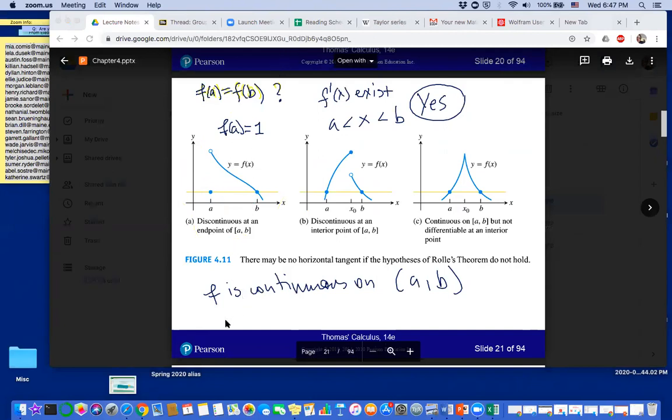Okay, f prime of c equals 0 for c between a and b.